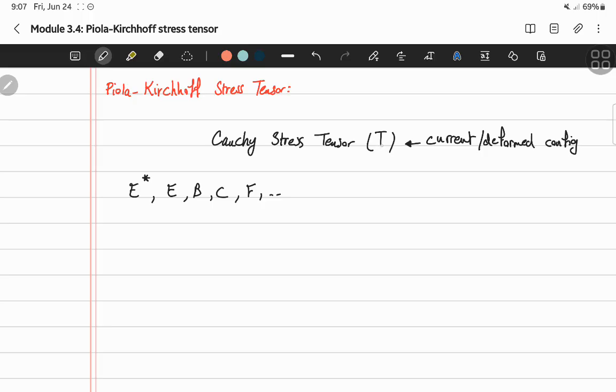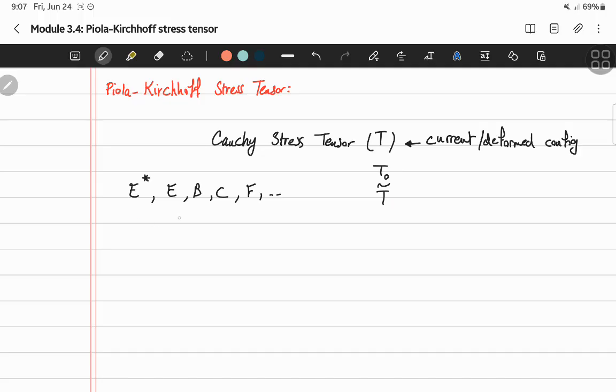We are also going to learn about the first and the second Piola-Kirchhoff stress tensors. So we also have T0, which is the first Piola-Kirchhoff stress tensor, and we also have T tilde, the second Piola-Kirchhoff stress tensor. And here we're going to use these stress tensors as tools to develop some other kinds of equations which we may use in different situations.